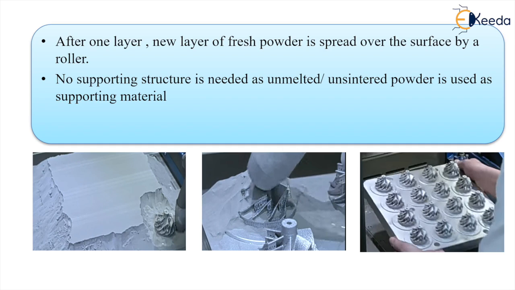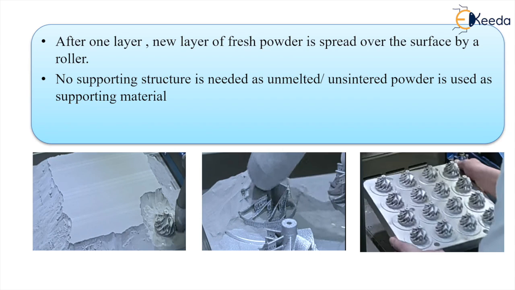So this is basically the advantage of this technique, where we need not have any kind of support for the product or prototype that you are going to make, because the powder itself will act as a supporting material, which may be the loose powder or the unmelted or unsintered powder. See, I have shown some pictures here.